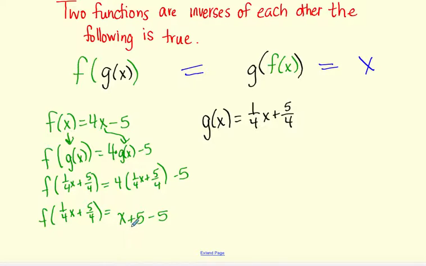Now, as you can see, the 5's cross out. So f of 1/4 x plus 5/4 equals just a single x, which was what we wanted. Because if both of those equal x when I do them, then these two things are inverses.